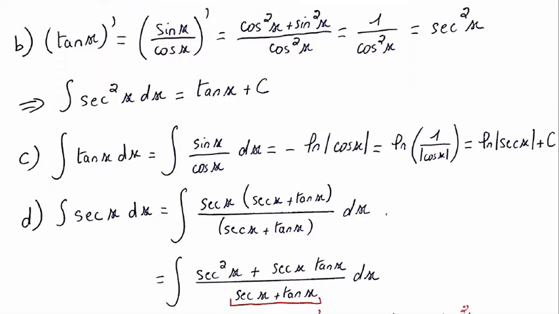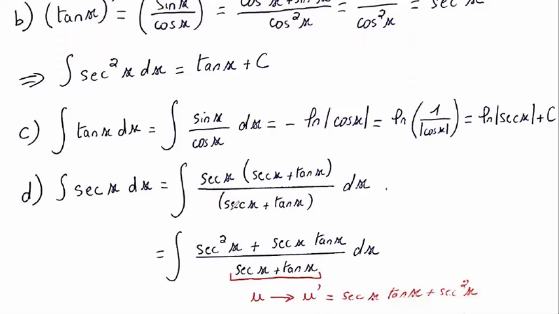And so when we expand the numerator, we get secant squared plus secant tangent. And now also, if we consider that the denominator is u, the derivative, which is u prime, is the derivative of secant, which is secant tangent, plus the derivative of tangent, which is secant squared, which is our numerator.